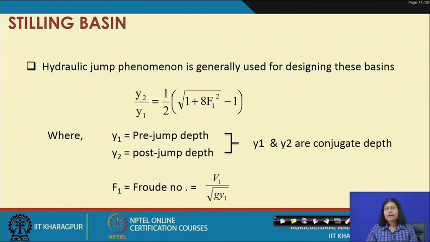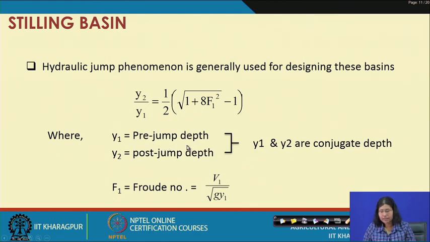Now, what happens in the stilling basin? Once water at high speed falls, a hydraulic jump occurs, as you know from the principles of fluid mechanics. By the hydraulic jump principle, the ratio between y2 and y1 is a function of the Froude number.